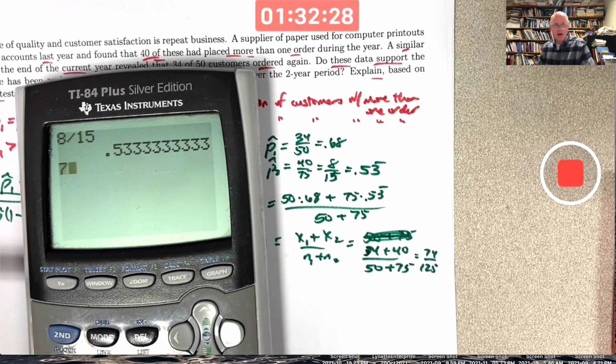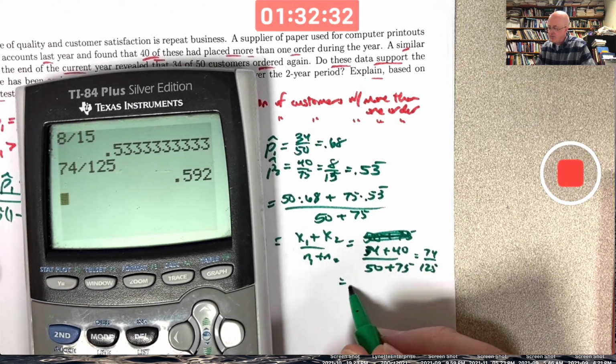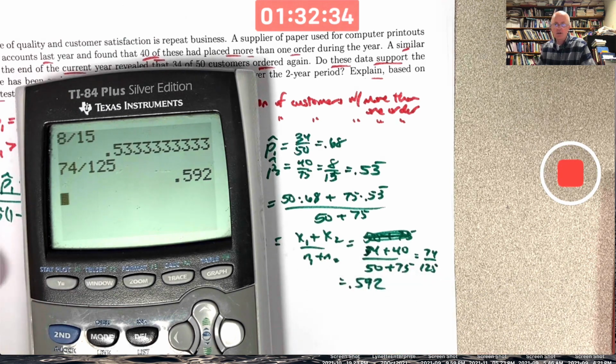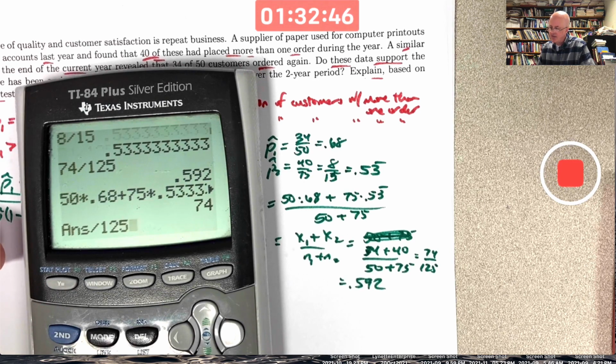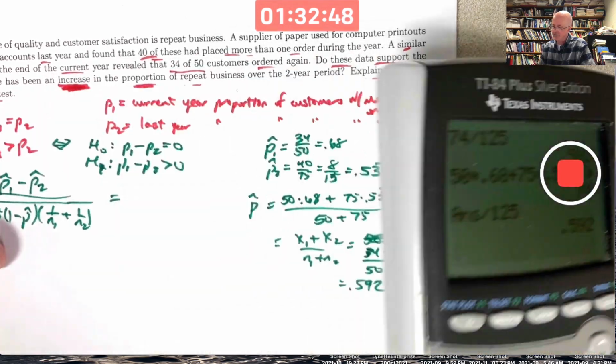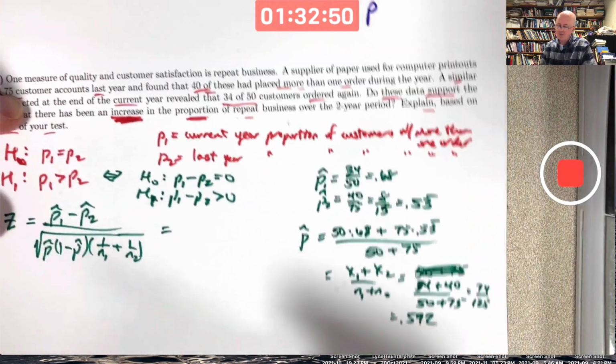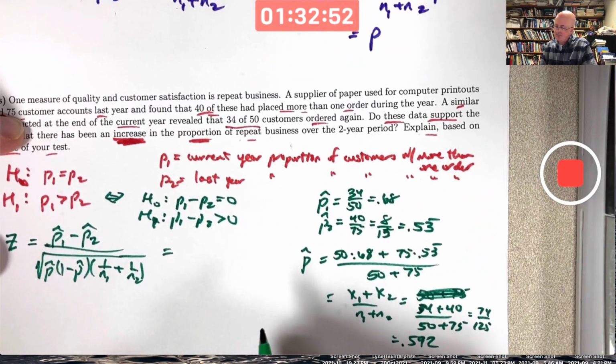It's 0.592. You could check it with this formula as well: 50 times 0.68 plus 75 times 0.53333, all divided by 74 divided by 125 again. So that shows the same thing. That's your pooled proportion.